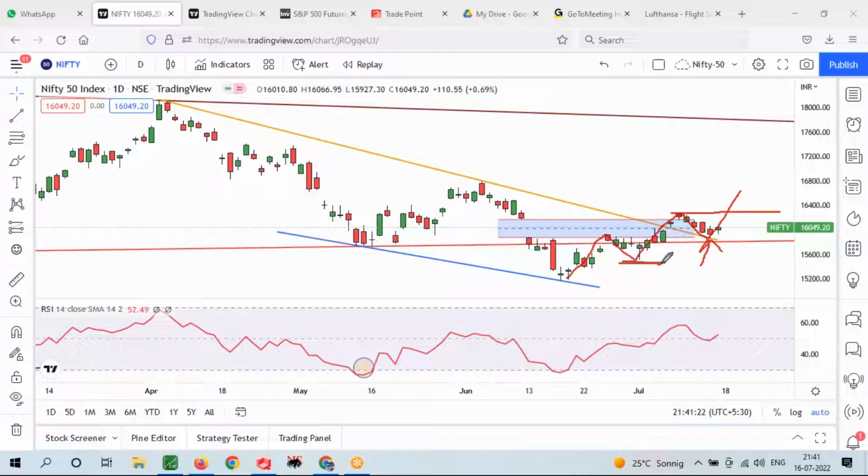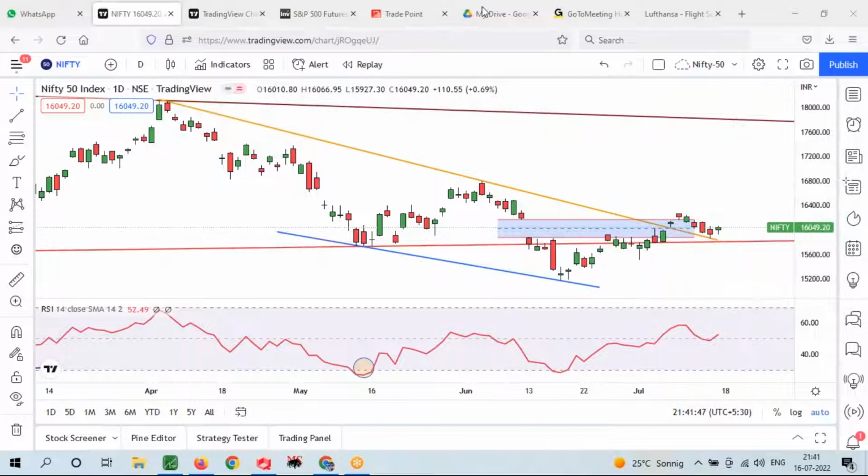Now we have kept this low as a stop loss because we are in an uptrend. This high is crossed and the retest is made, hence we kept 15,500 as stop loss. Once we cross this high, our stop loss will shift to Thursday's low.